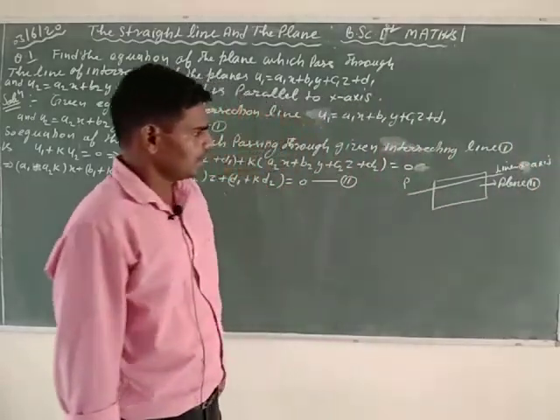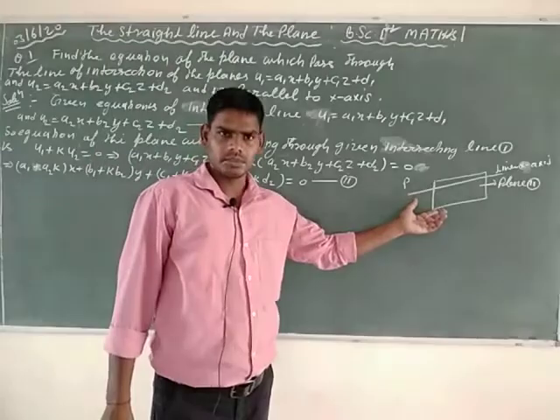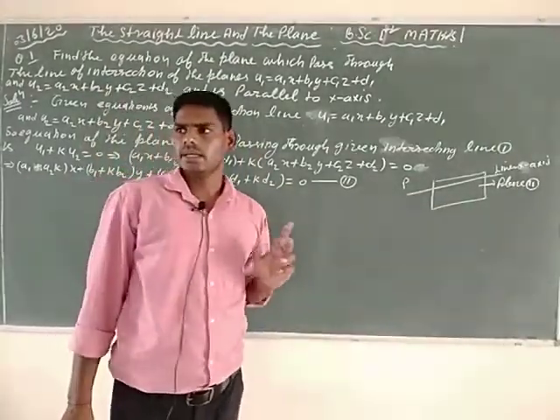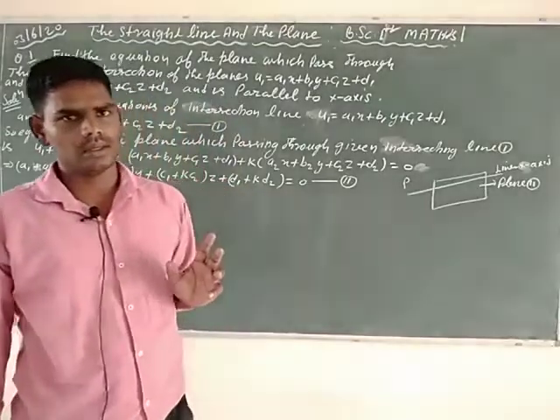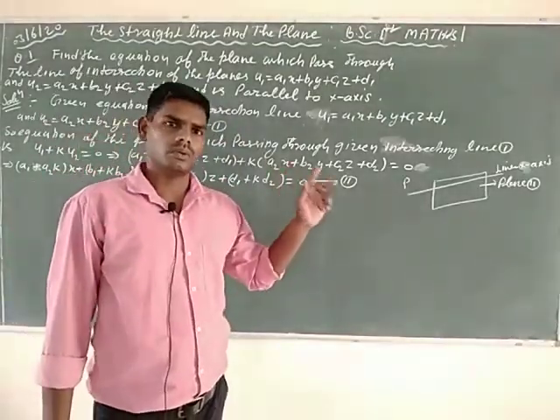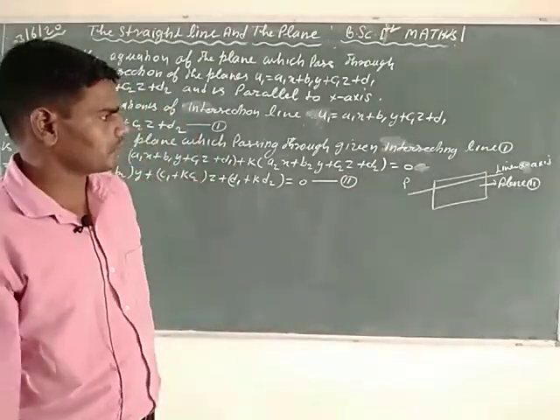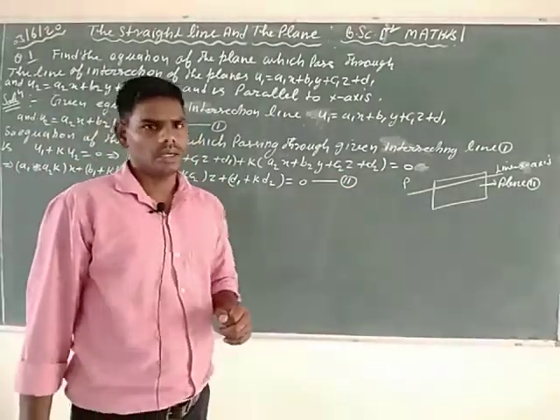In three-dimensional space, you know that if a line is parallel to a plane, then the normal to that plane must be perpendicular to the parallel line. We use this property here.